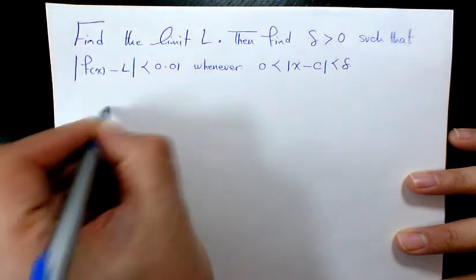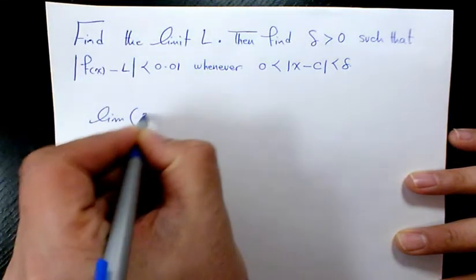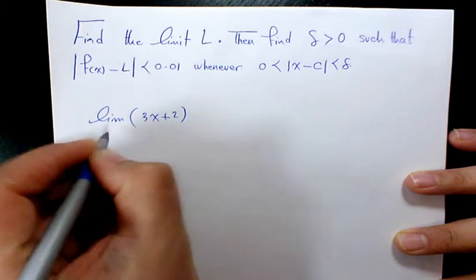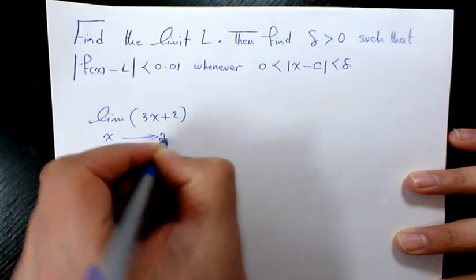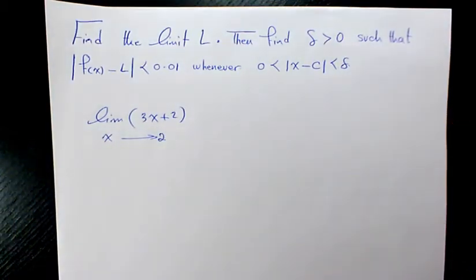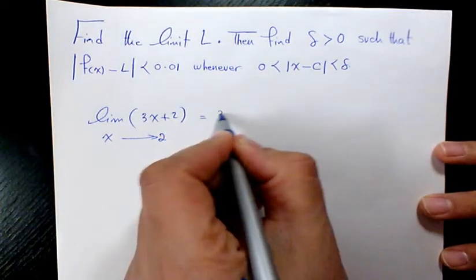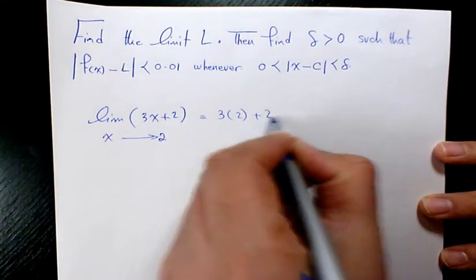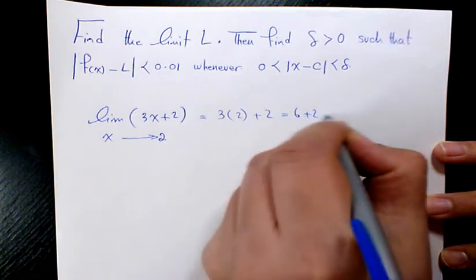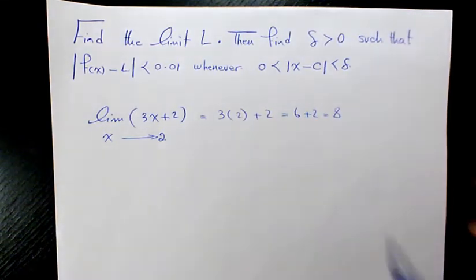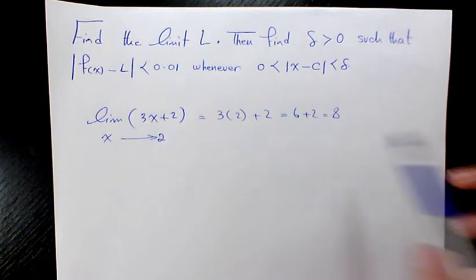First example, it says limit of 3x plus 2 when x is approaching 2. If we want to find the limit first, we're going to say 3 times 2 plus 2, which is 6 plus 2, and that's going to be 8. So L is 8 in this case.